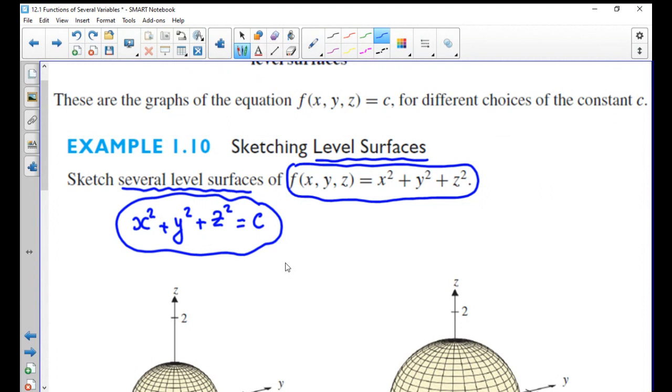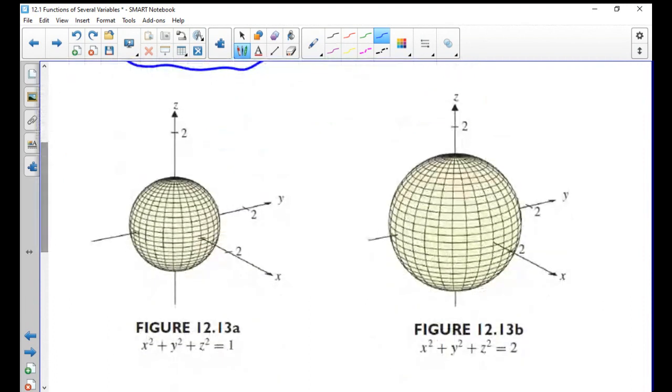So when c is 1, it's going to be a sphere of radius 1. So when c is 1, your surface is here. Yeah. This one, yeah, 2. Yes, c is 2. When c is 2, by the way, what is the radius of this sphere? Square root of 2, yes.